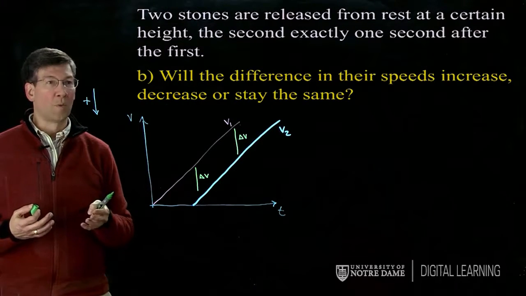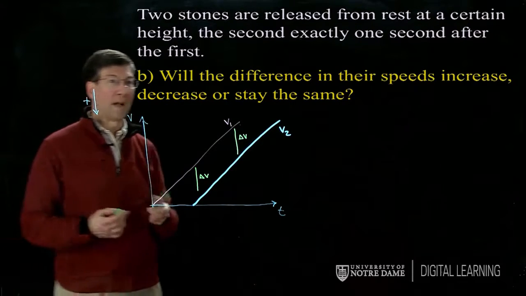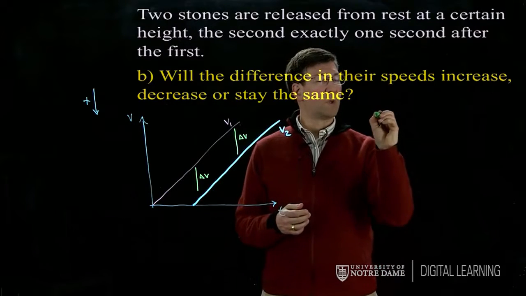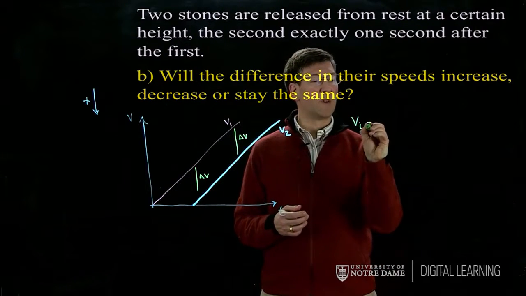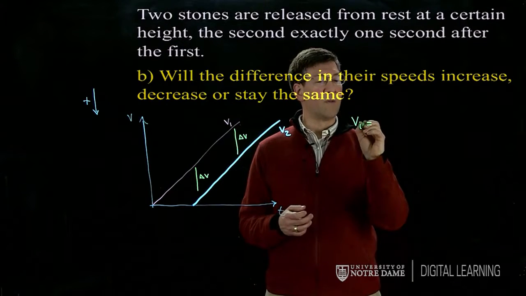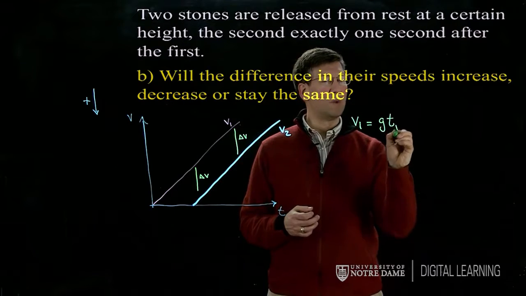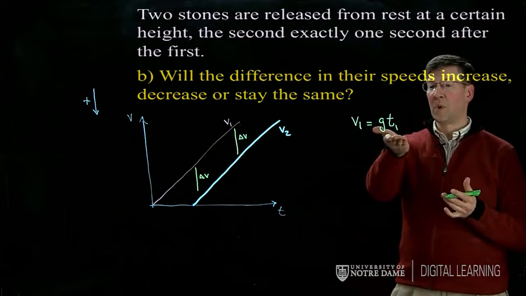Now, we can write this out mathematically instead of drawing a picture. So let's do that next. We know that stone 1 is going to have an equation describing its velocity that looks like v1 equals g times t1, where t1 is the time that stone 1 has been traveling.